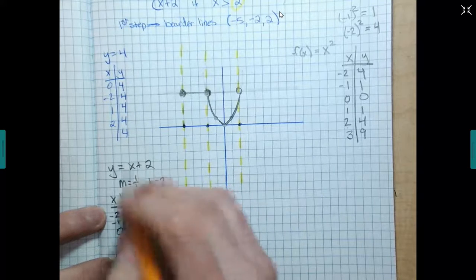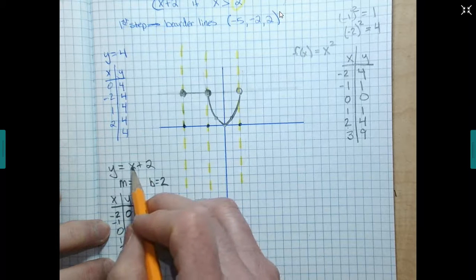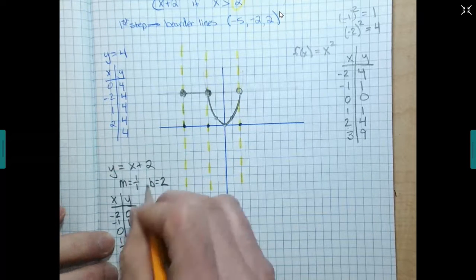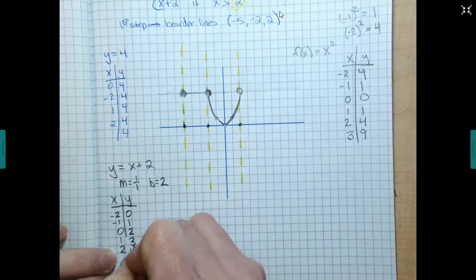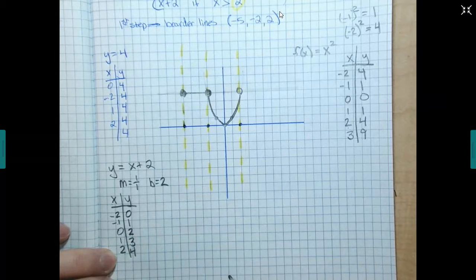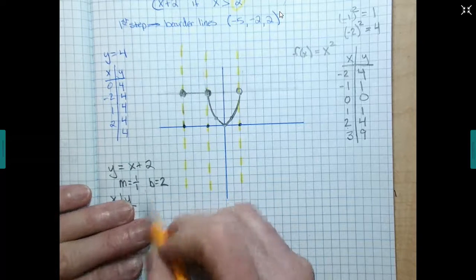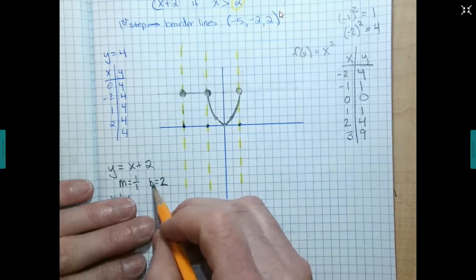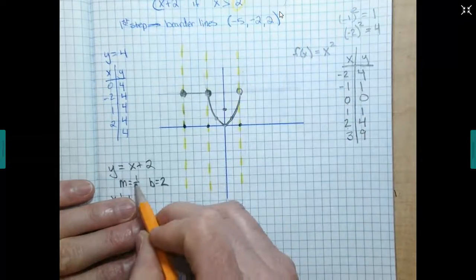So -2 plus 2 is 0. -1 plus 2 is 1. 0 plus 2 is 2. 1 plus 2 is 3. 2 plus 2 is 4. So I could graph those. So, let's graph it this way first, then I'll show you how these line up right on top of it. Y-intercept is 2, 1, 2, and then 1, 1.